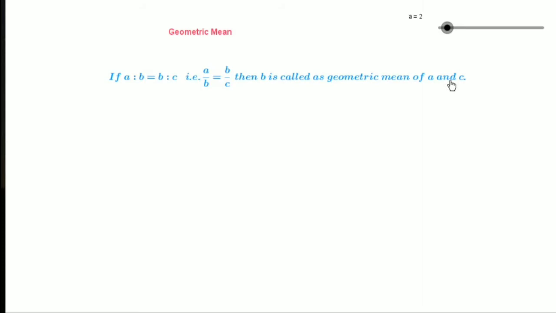So this B is called the geometric mean of A and C.